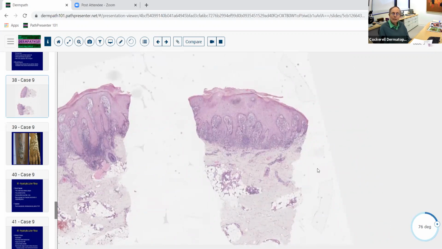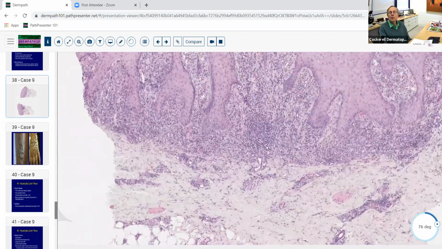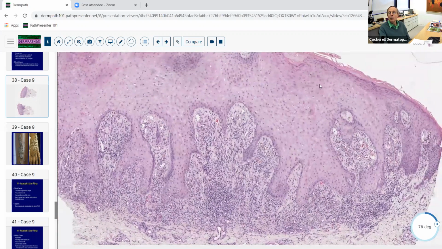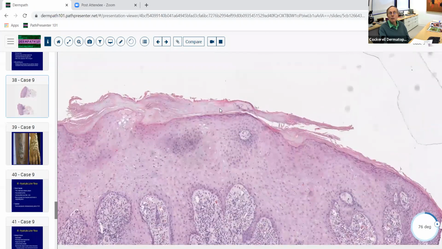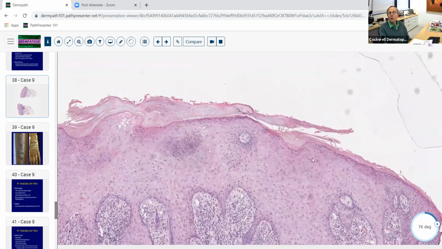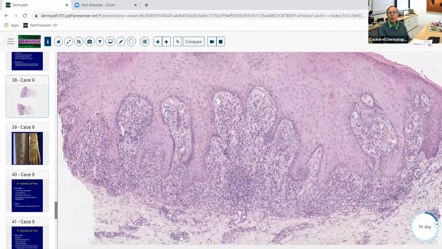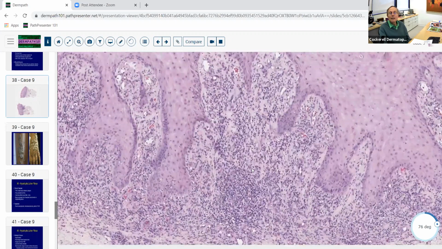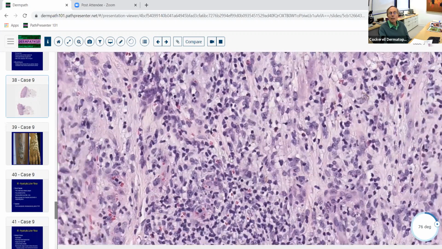It's a punch biopsy, inflammatory, lymphocytes, band-like infiltrate, lichenoid infiltrate, obscuring the dermal-epidermal junction, irregular epidermal rete ridges. At higher magnification, marked epidermal hyperplasia, hyperkeratosis, wedge-shaped hypergranulosis right here, and this marked epidermal hyperplasia with these irregular rete ridges, and then this infiltrate consisting almost wholly of lymphocytes.